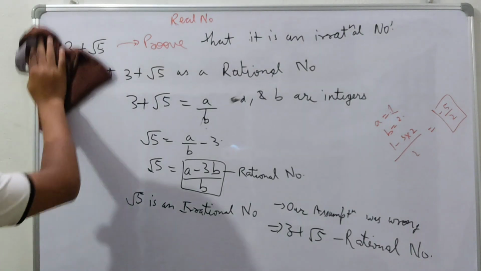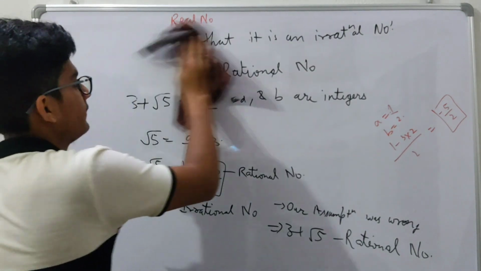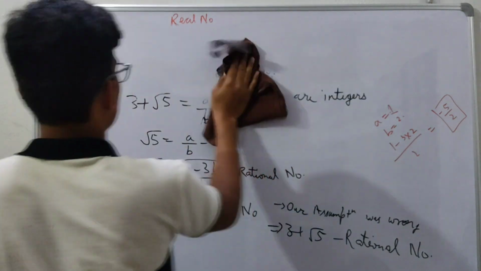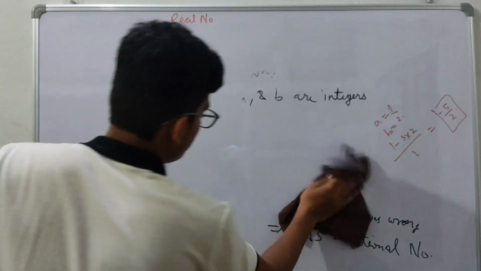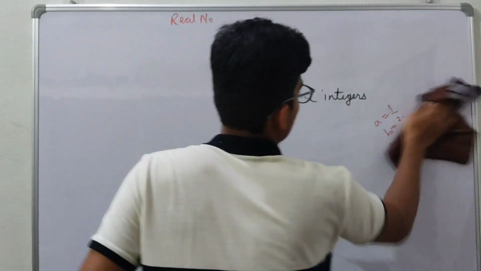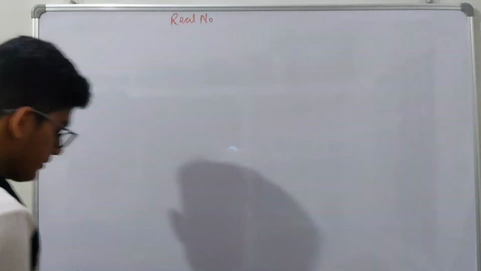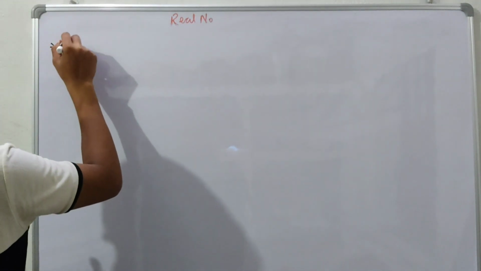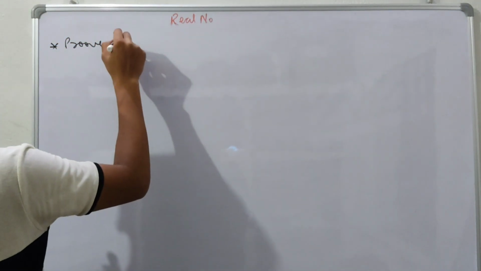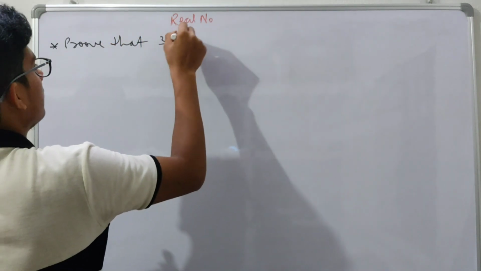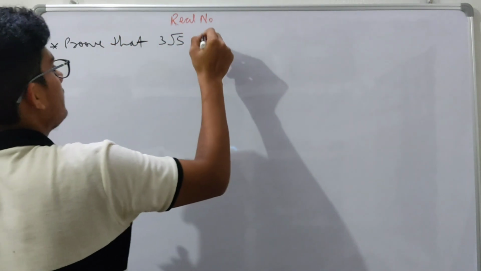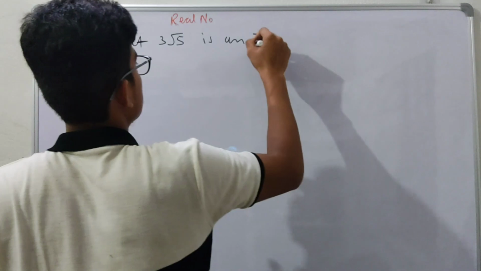Now I am going to do another type of question. Prove that 3 root 5 is an irrational number.